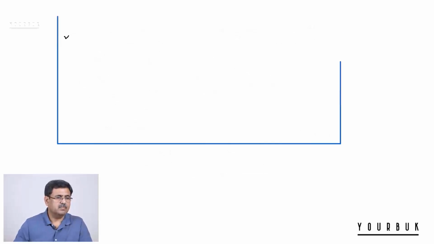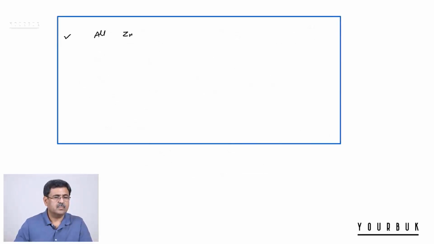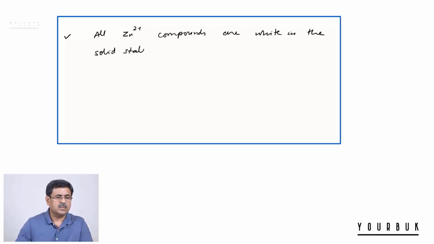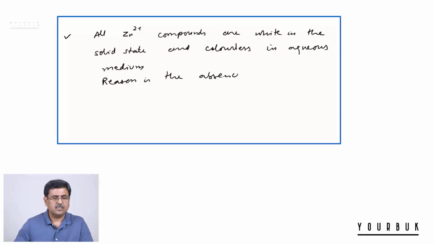But all zinc plus 2 compounds are white in the solid state and colorless in aqueous medium. And the reason is the absence of any unpaired electron in zinc 2 plus.